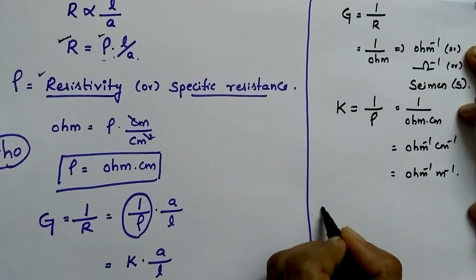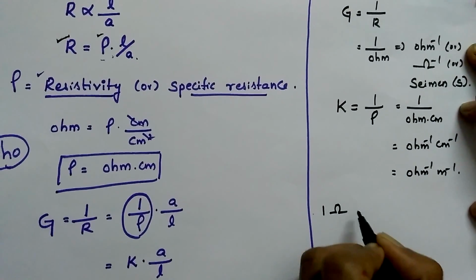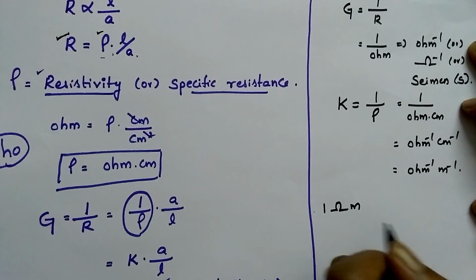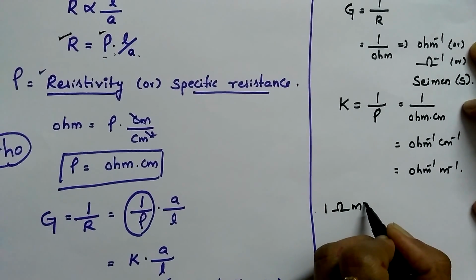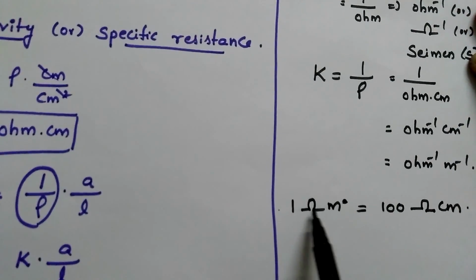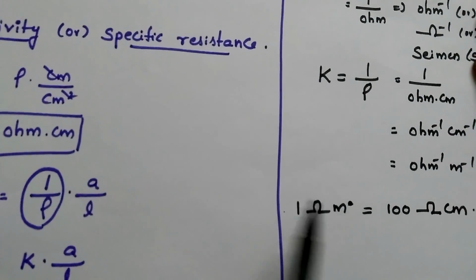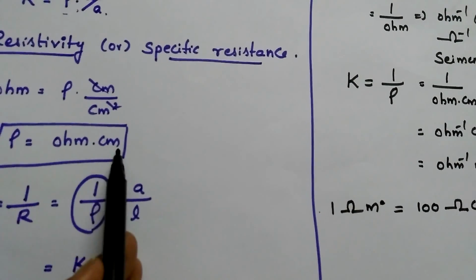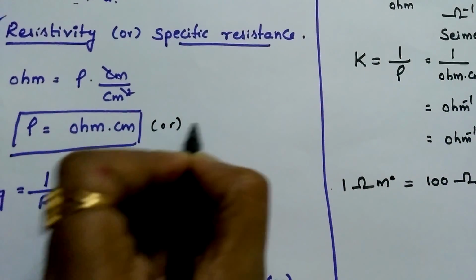The unit for rho is ohm centimeter or ohm meter.